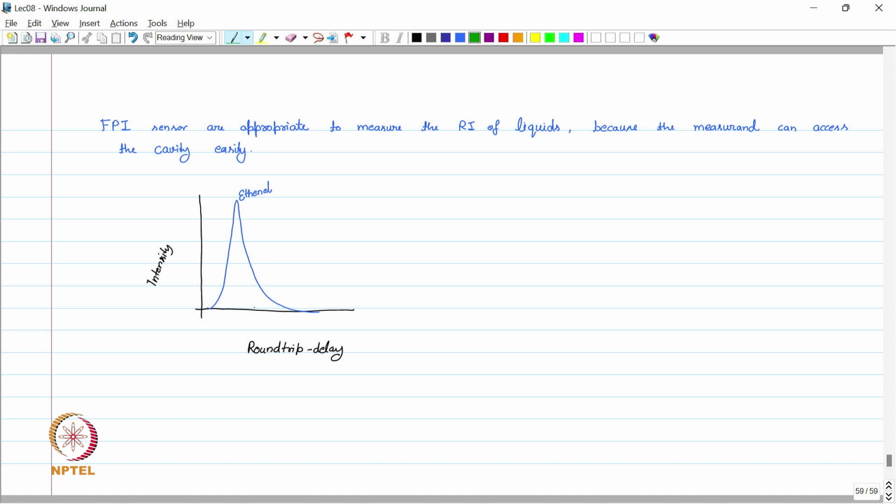The other material can be like this, where we have acetone.